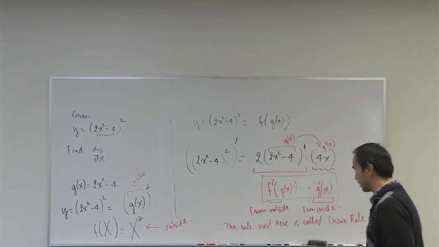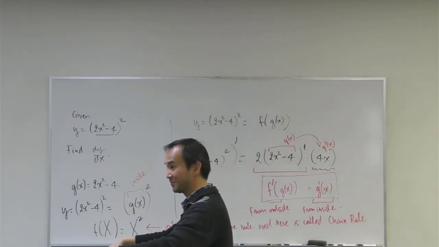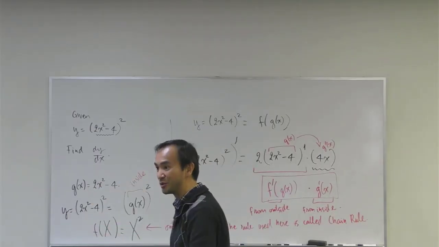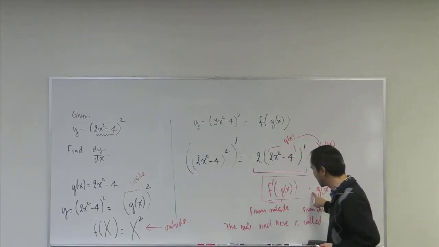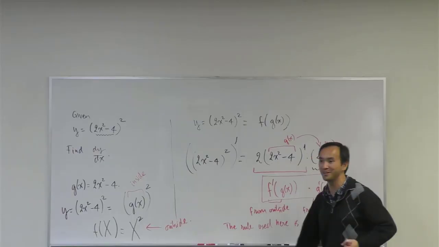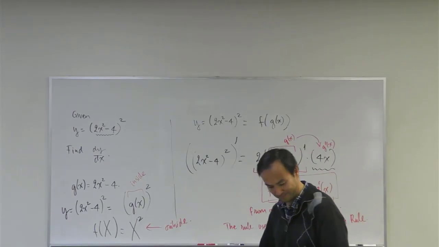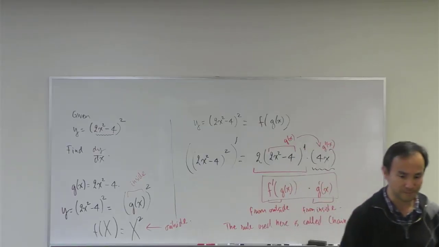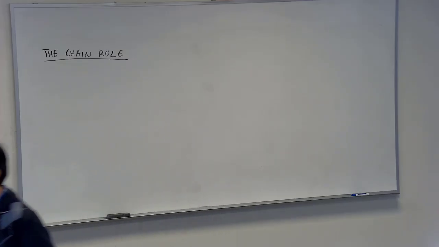Sort of like we got one function going inside another function and taking an overall derivative, right? We got to chain the two derivatives together, the derivative of the outside and the derivative of the inside. We chain them together by multiplying them. Okay, that's how it's called a chain rule. So let's formally write down what it is in the chain rule here.